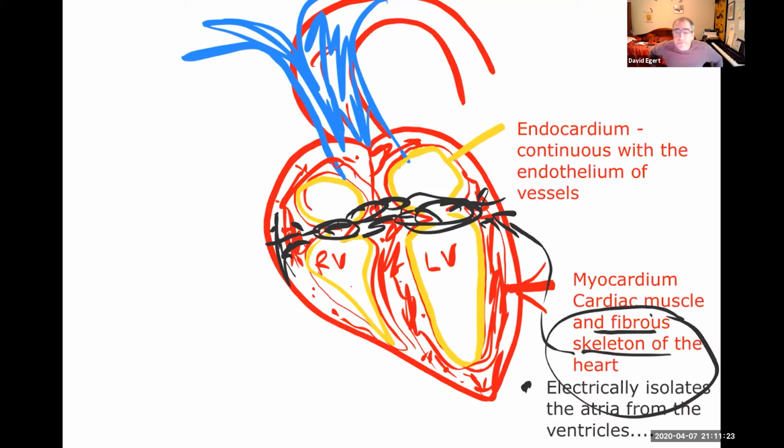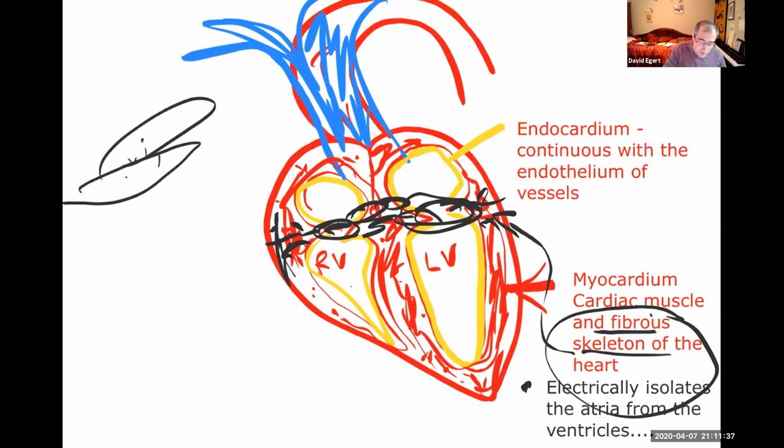So if you remember smooth muscle, do you remember how smooth muscle had gap junctions? So if you excite one cell, the other cell gets excited. Cardiac muscle has gap junctions too. If you excite one cardiac muscle cell, all its neighbors get excited.